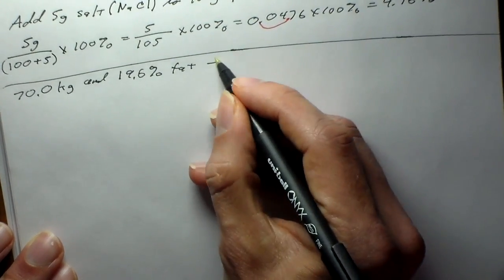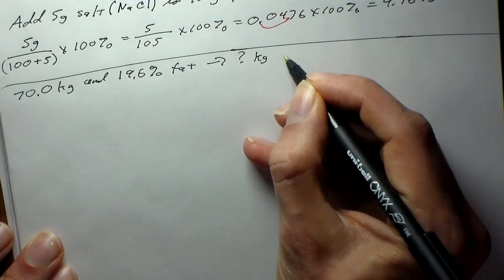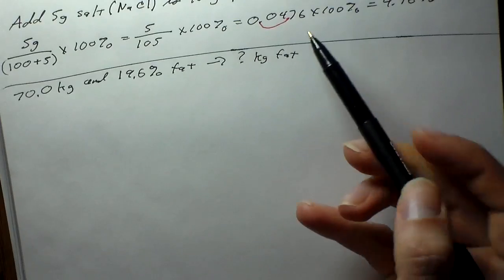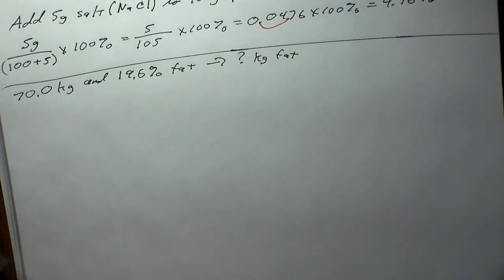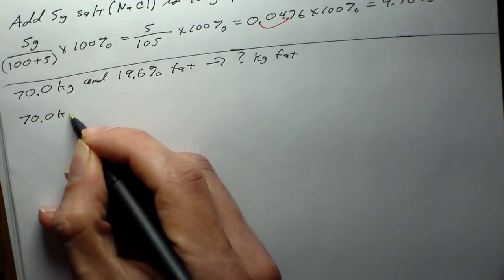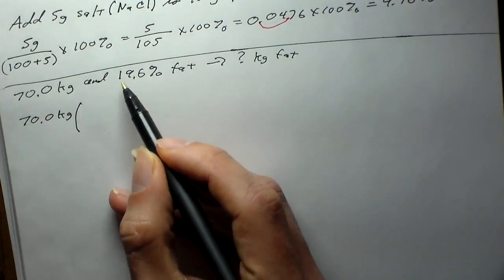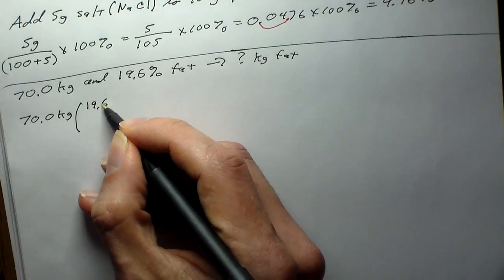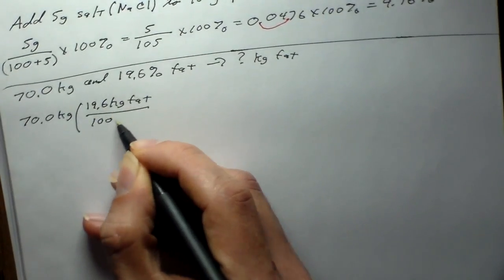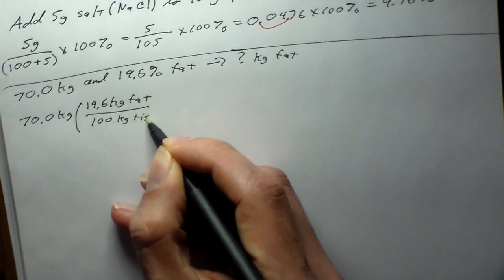Okay, so our question is, how many kilograms of fat are on your body? So what we do is we use this percentage right here, and this is going to be saying 70.0 kilograms. And now this is saying 19.6 kilograms of fat per every 100 kilograms of tissue.